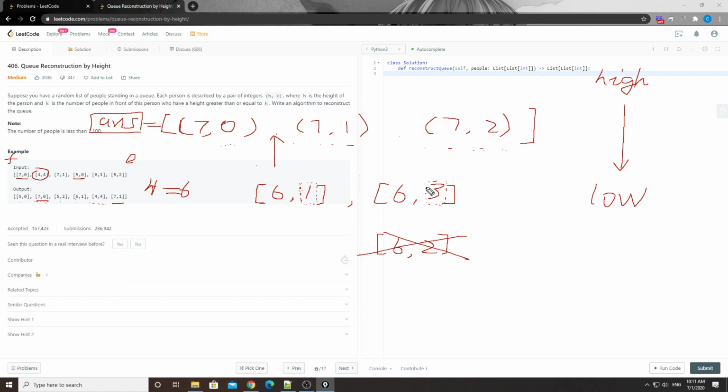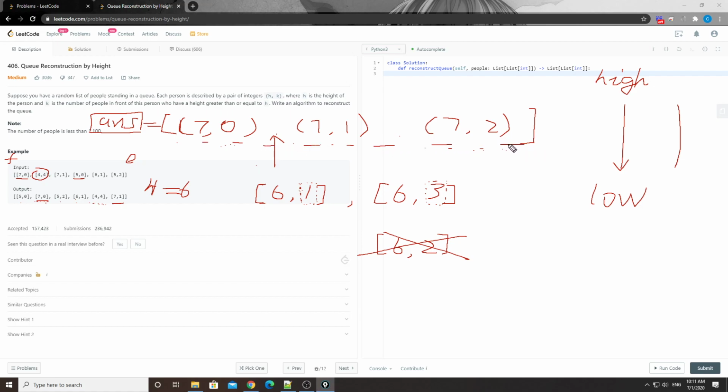And then we just need to insert this element at position 3. We do it one by one, since we keep inserting the element into our output. And once we process all the heights here, we know we have reconstructed the array.